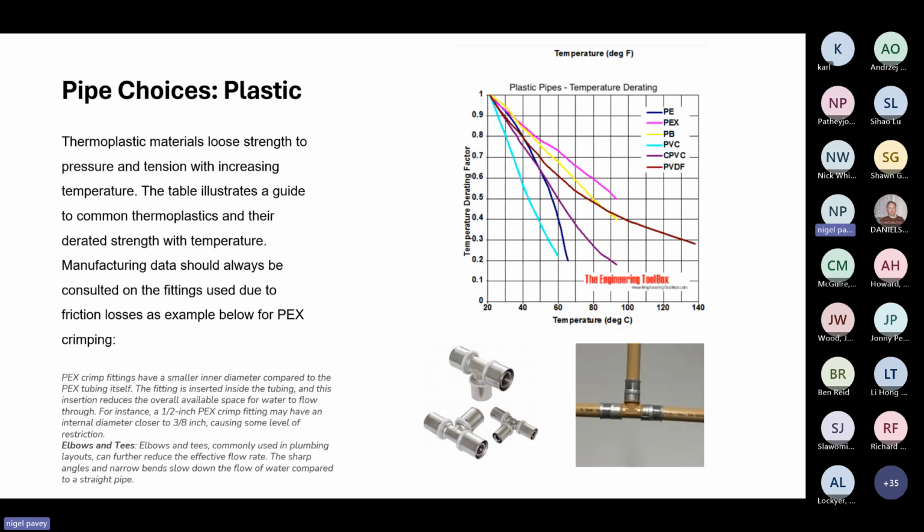But just be aware as engineers when you calculate friction losses that these fittings have their own tables for K values. Very typically they could be 15% higher overall on pressure losses through the system. So I think that's a really important thing to consider if you do go plastic, and there's nothing wrong with that. Just be careful of the fittings and how you approach that in design.